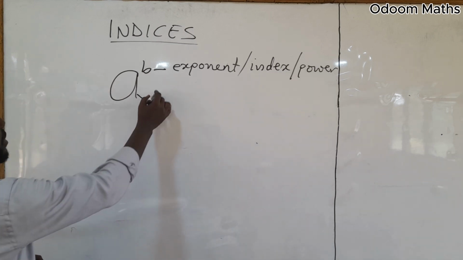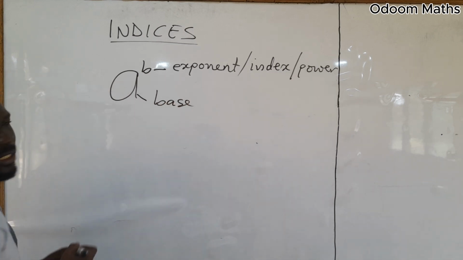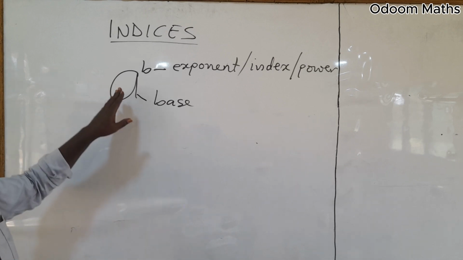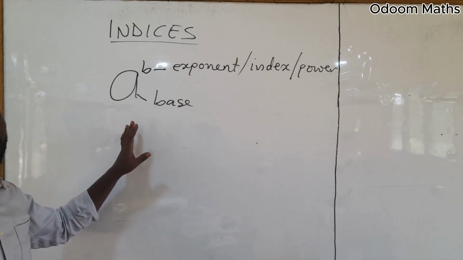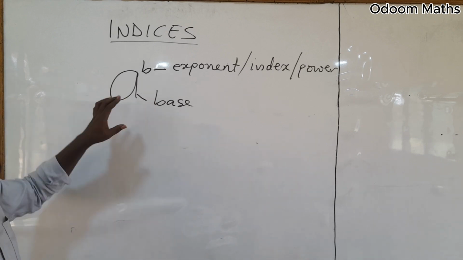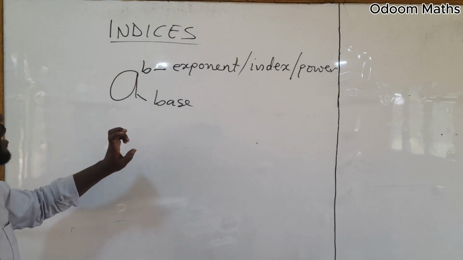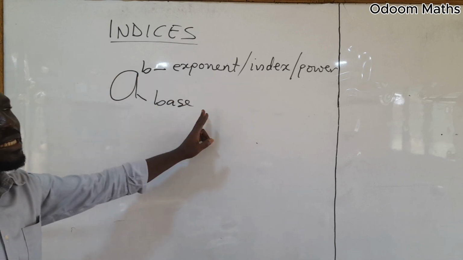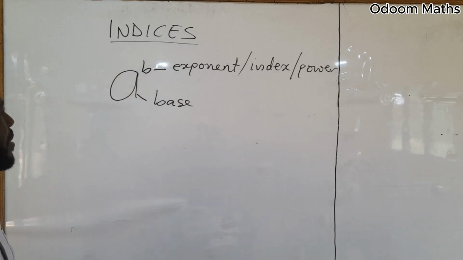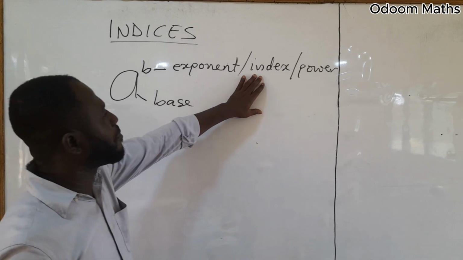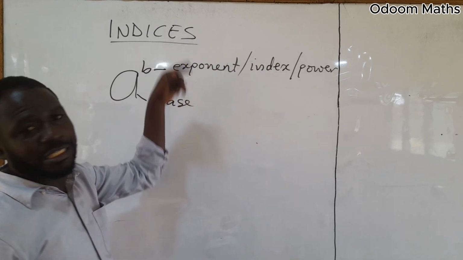Then the a is the base. So when you see a number or a variable to a certain power, the variable itself is the base, and the power becomes either exponent, index or the power. The plural form of index is indices.